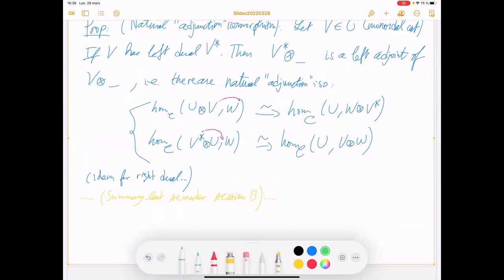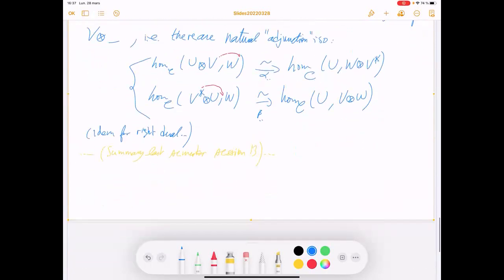So alpha, beta. Alpha with some index, maybe. I don't remember. So, picture.